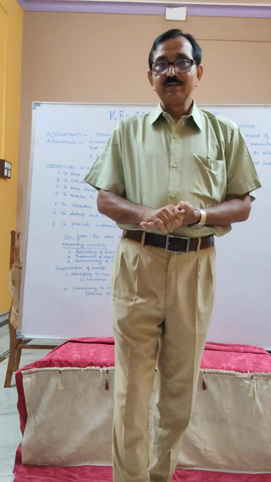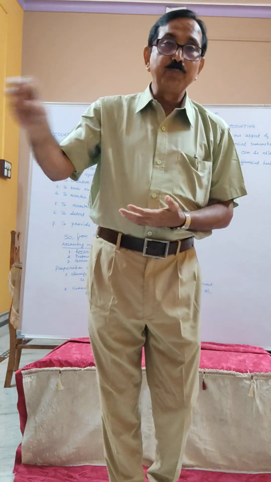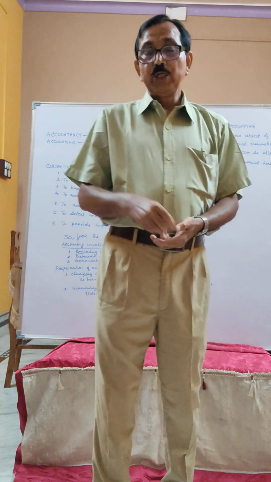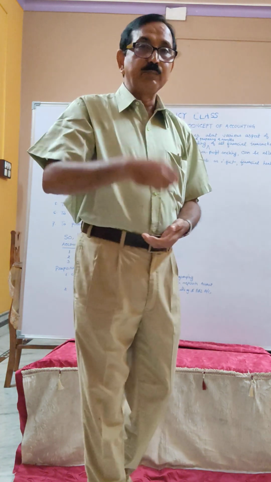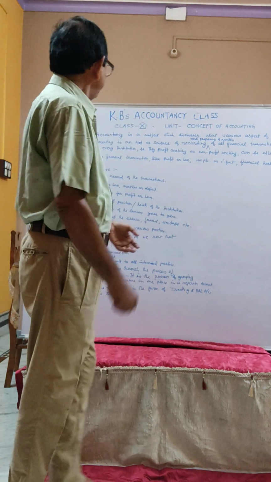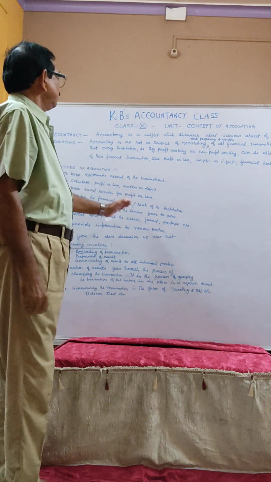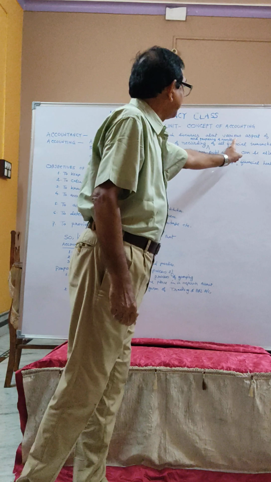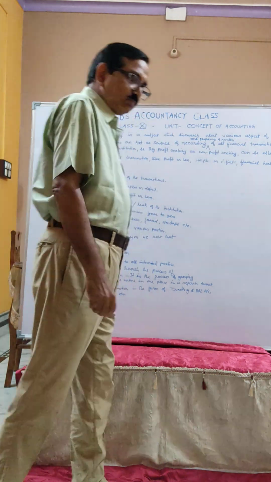But in the second case, I purchased books of rupees 10,000, which can be measured in terms of money. So this is a transaction in the eye of accountancy. So in accounting, we are all associated with financial transactions.